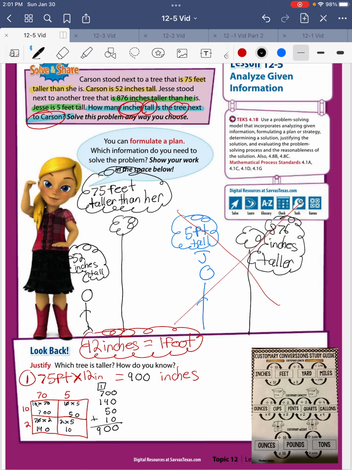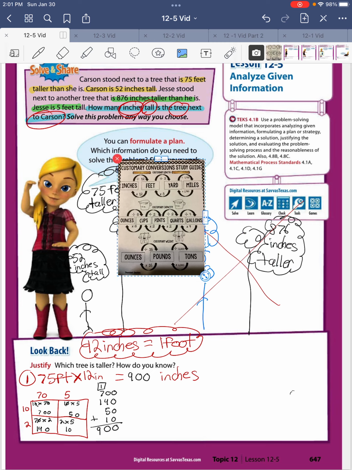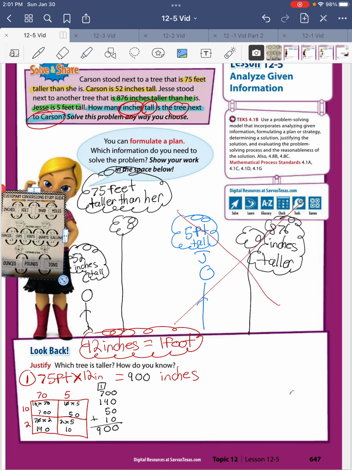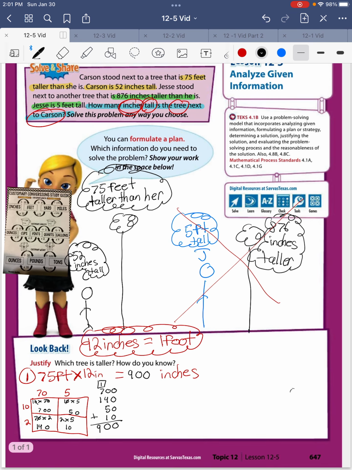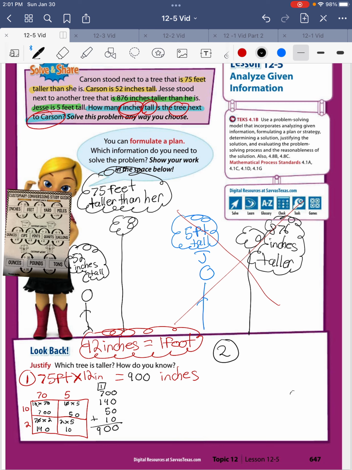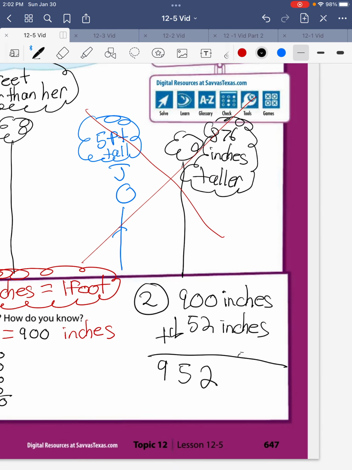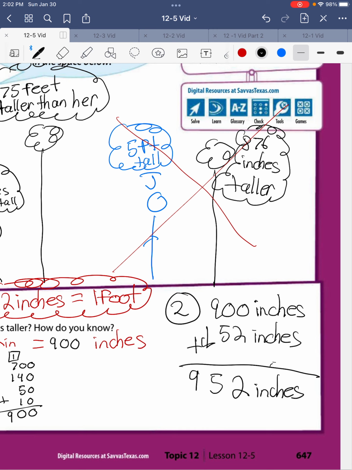So my second step is I'm now going to add 900 inches to Carson's height, 52 inches, because I need to find out how many inches tall the tree next to Carson is. So 0 plus 2 is 2, 0 plus 5 is 5, bring down my 9, and now I know the tree is 952 inches tall.